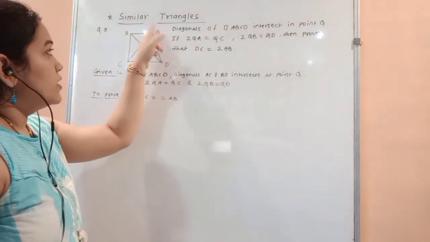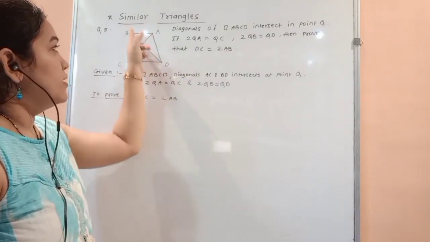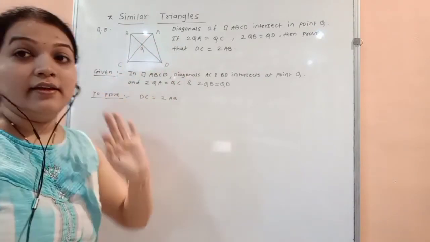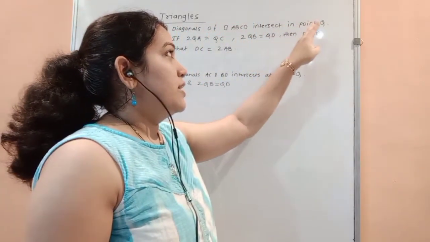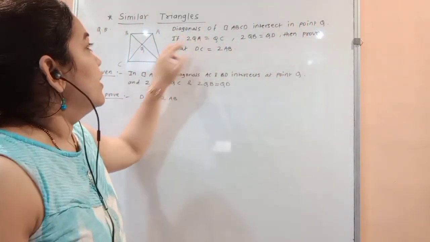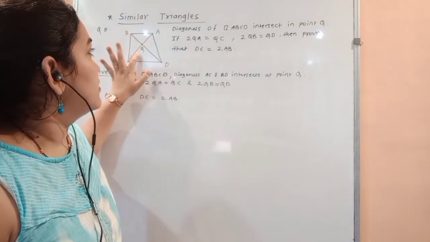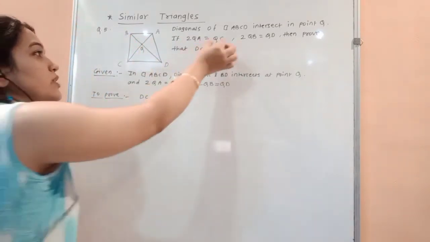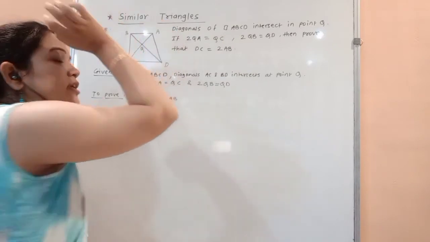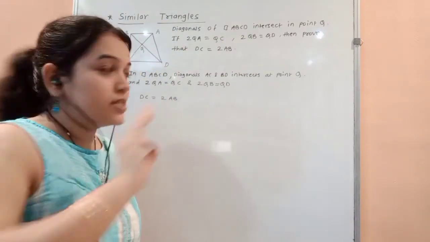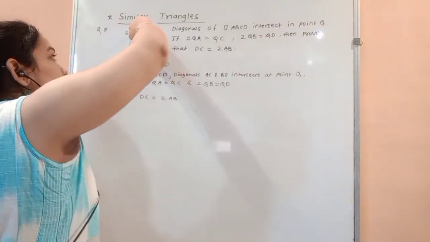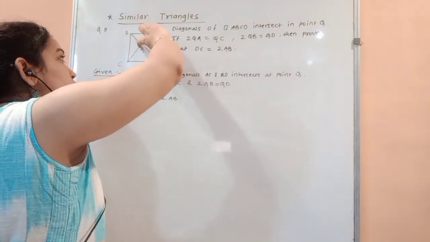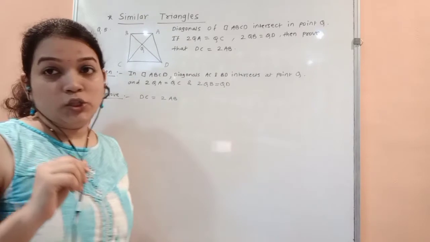See here, a quadrilateral ABCD is given in which AC and BD are the diagonals. The question is: diagonals of quadrilateral ABCD intersect in point Q. If twice QA is equal to QC, means QC is double of QA. Question is clear. 2QB is equal to QD, means QD is double of QB.